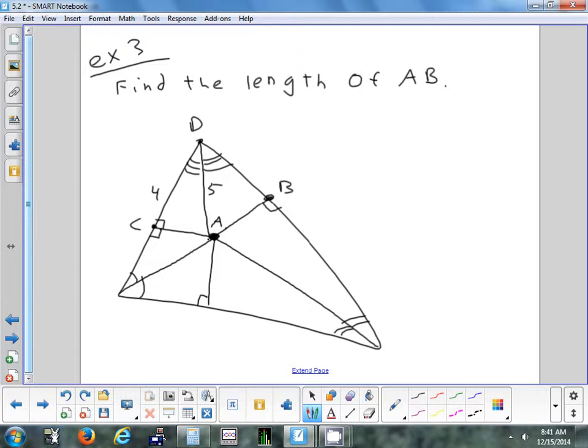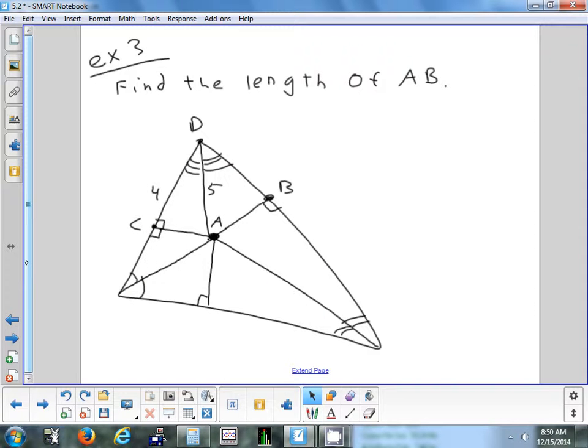All right, so why don't you take a minute on your own and see if you can find the length of AB. And that idea of congruent triangles might be handy here. All right, so see if you can try to find the length of AB.